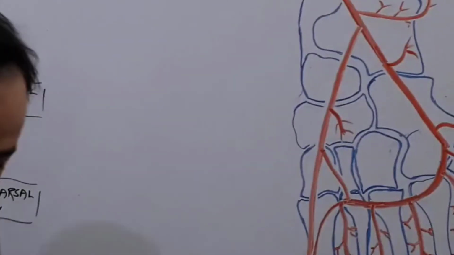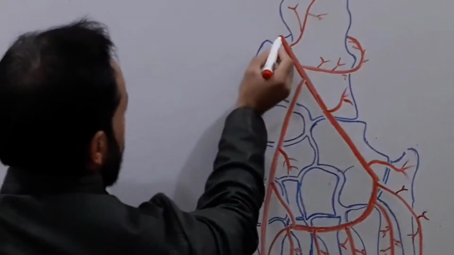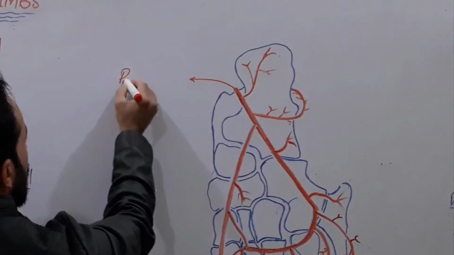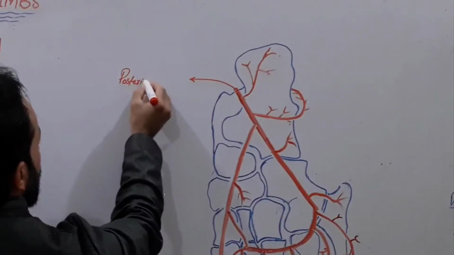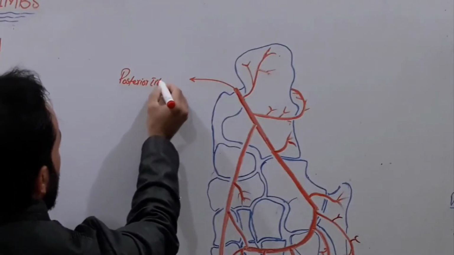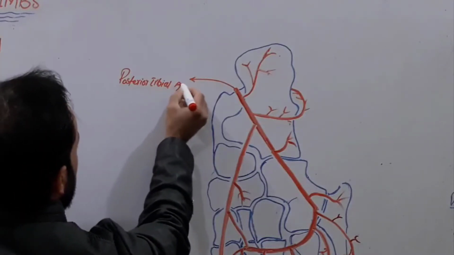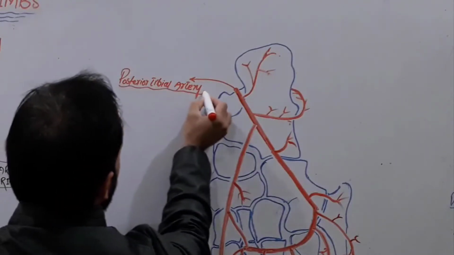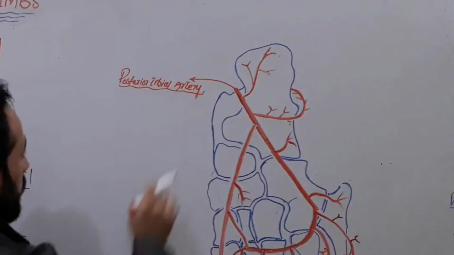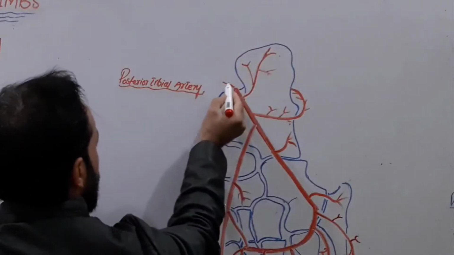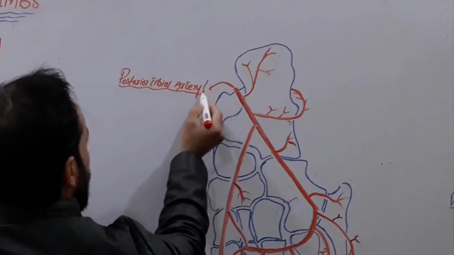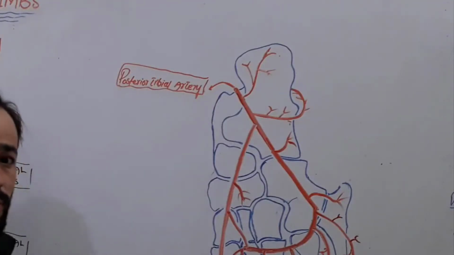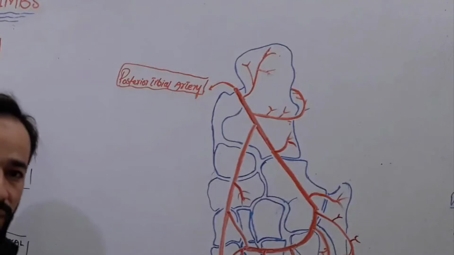So let us discuss. First of all, this is our posterior tibial artery. The posterior tibial artery enters the plantar surface of the foot, and it is the largest artery responsible for supplying blood to the plantar surface of the foot.